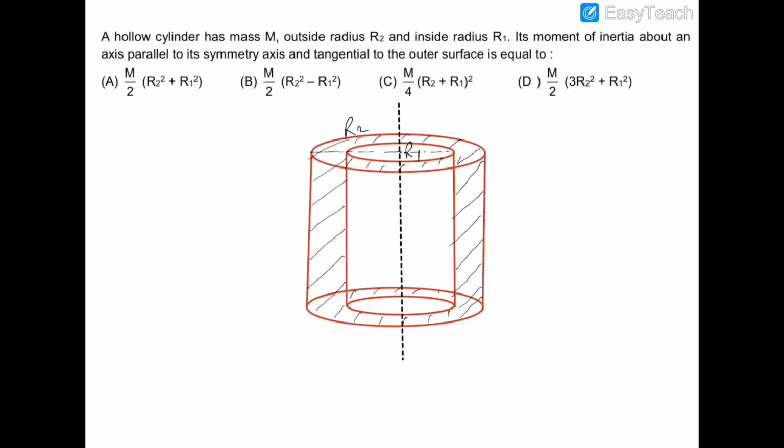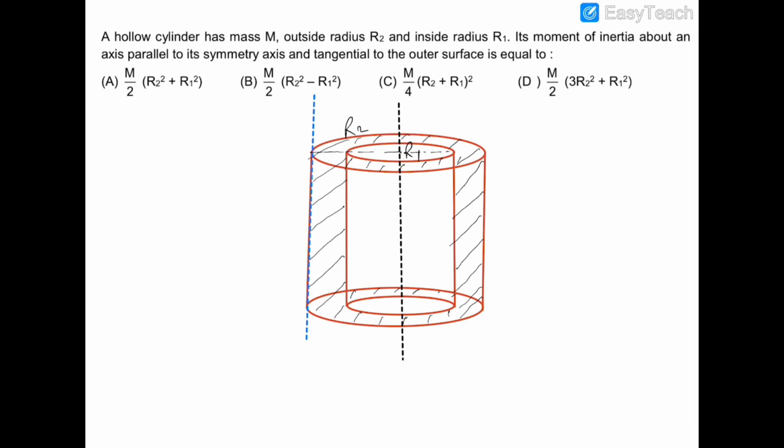In this question, there is a hollow cylinder of mass m, and it is formed in such a way that its inner radius is r1 and its outer radius is r2. Now we have to find out the moment of inertia of this cylinder about an axis which is passing tangentially, through its outer periphery.